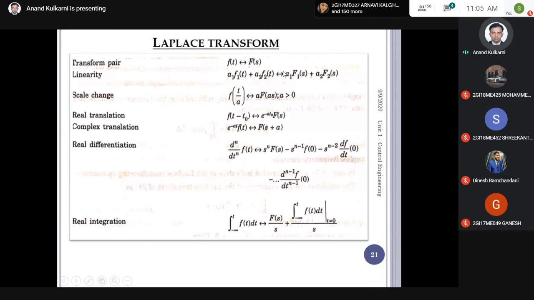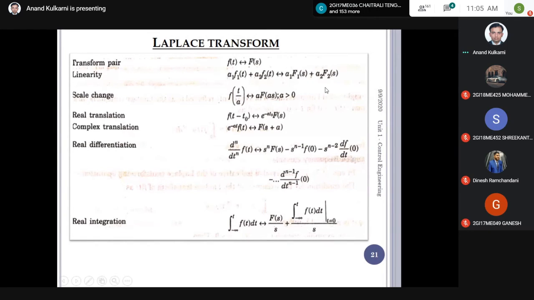After you take a Laplace transform, all lowercase letters have to be changed to uppercase letters. So f1 of t is in lowercase here. After taking the Laplace transform, it is written as capital F1 of s, and a1 gets multiplied with the corresponding term.